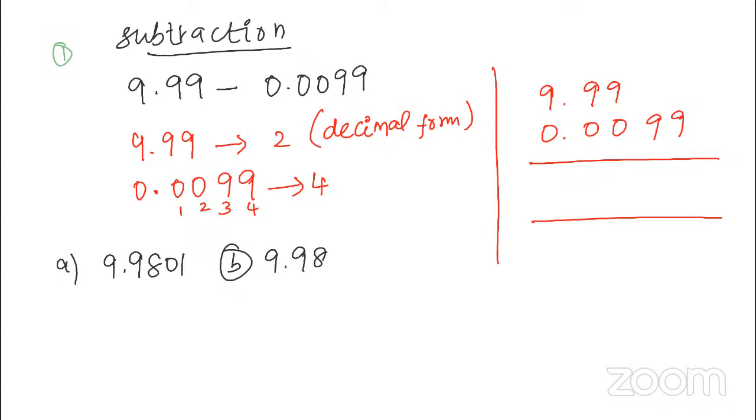Then option C is 9.9 and option D is 9.980. Okay. Even if we don't solve the problem, we can readily write the answer. What is it? It is option B.